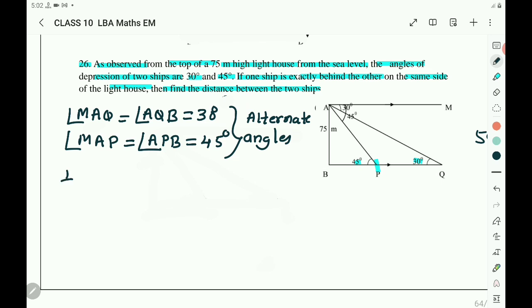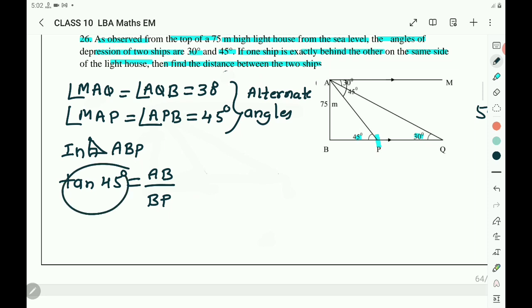Then write in the right angle triangle ABP, for this 45 degree, AB is the opposite side and BP is the adjacent side. Then write which trigonometric ratio we have to use. Tan 45 degrees equals to opposite side AB by adjacent side BP.